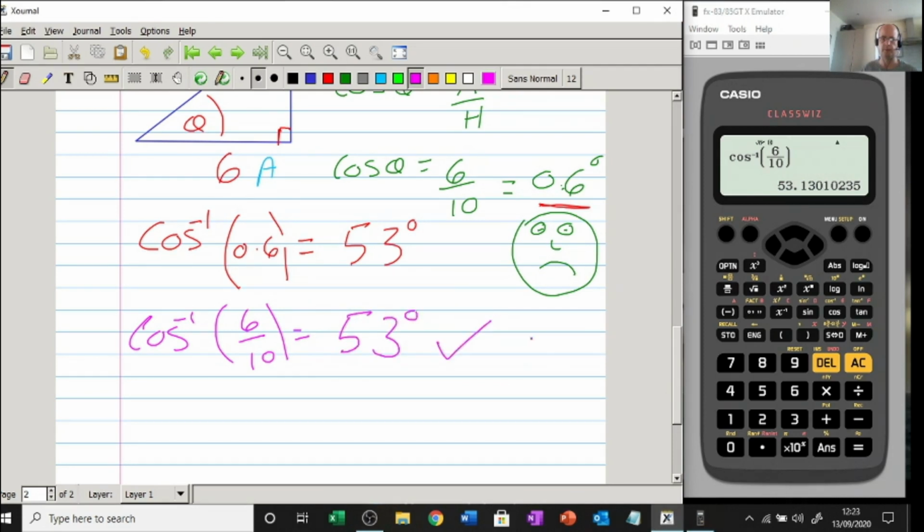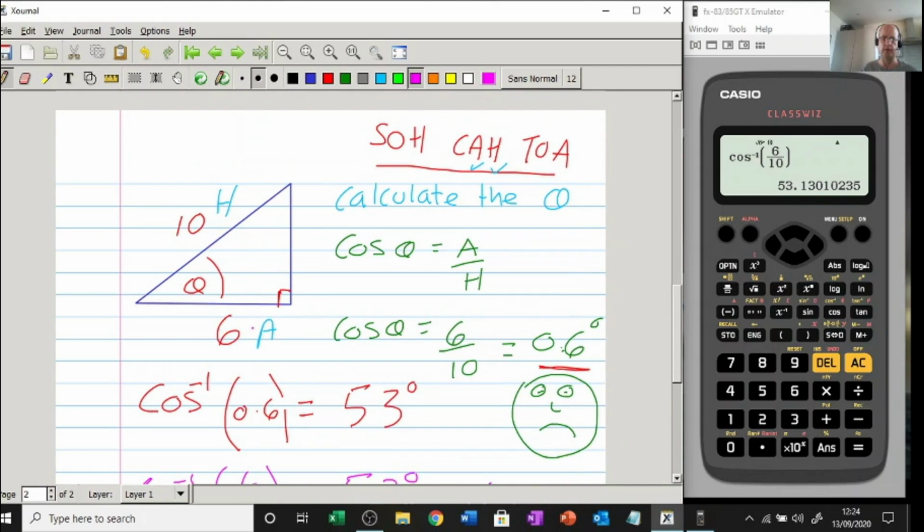Tick. That then makes me a bit happier, because 53 degrees now is in there. If you don't believe me, just draw the triangle. You could draw 6 centimeters or 6 millimeters or 6 miles. Make an angle of 53 and a bit.